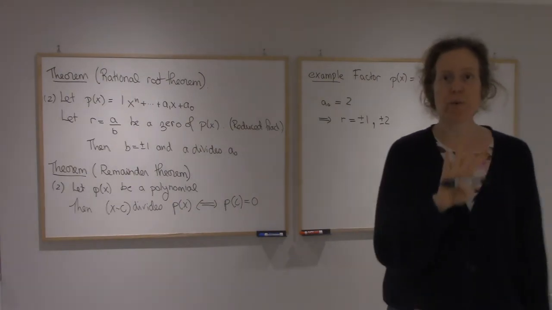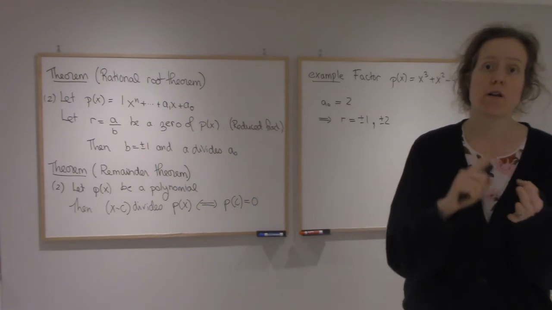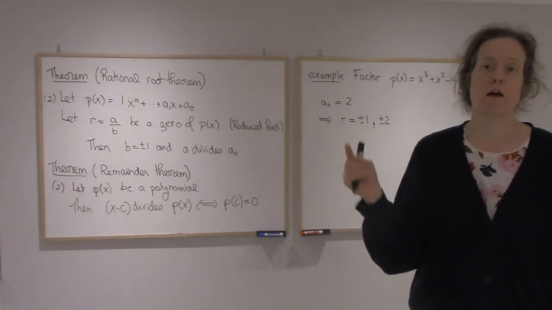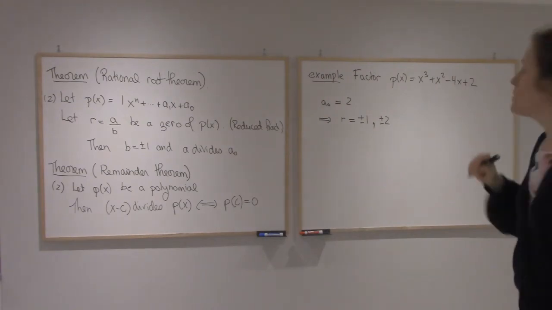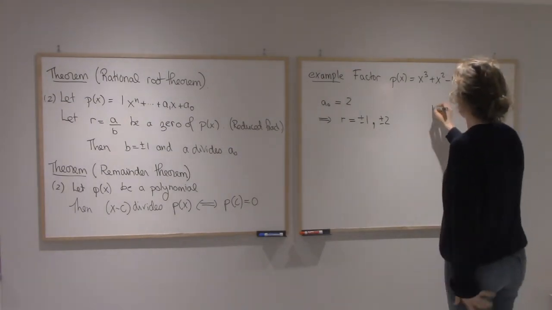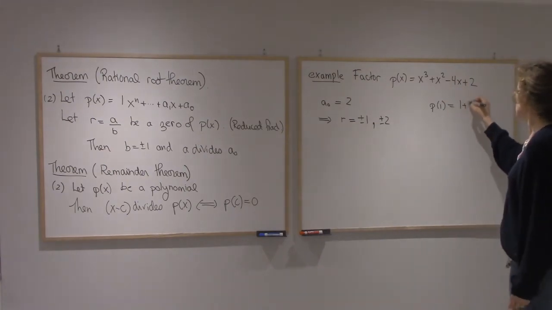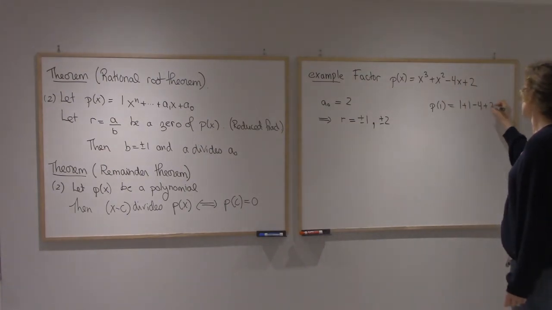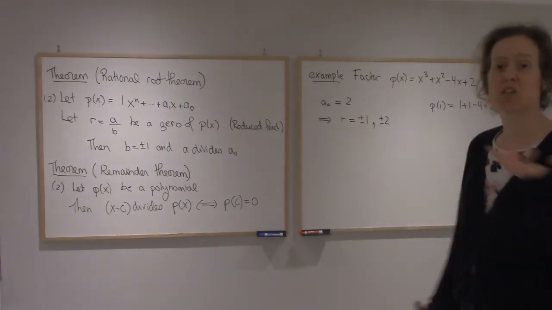So the 4 potential zeros that I could have are 1, minus 1, 2, minus 2. How do I know which one works? I plug them into p. So p of 1 is 1 plus 1 minus 4 plus 2, which is 0. Alright, I found one. You can try the other ones.